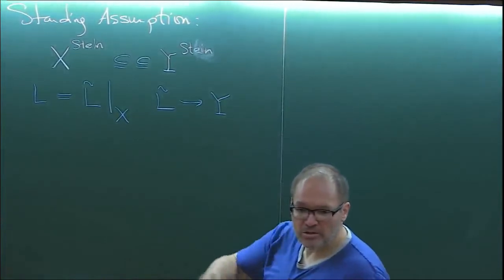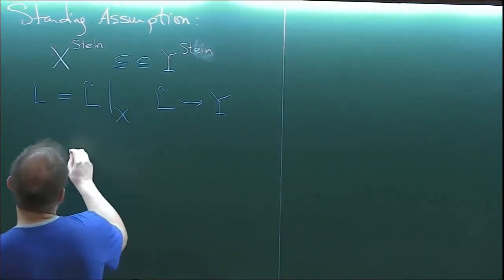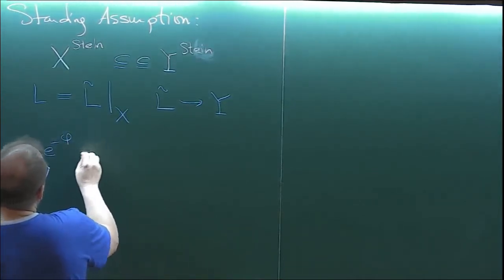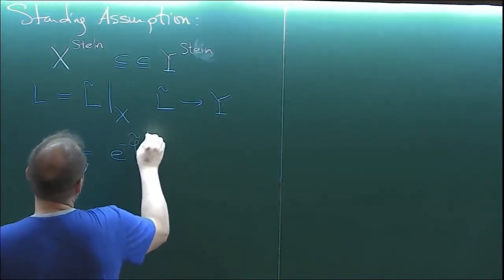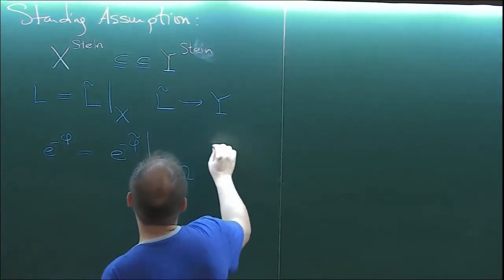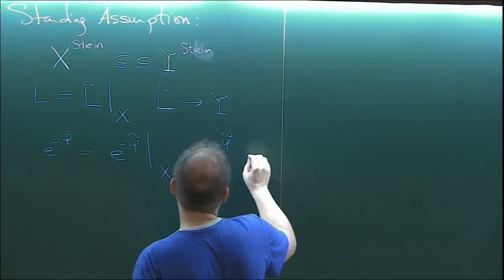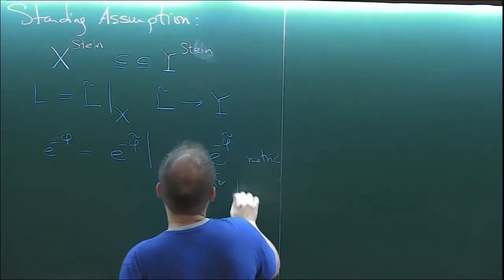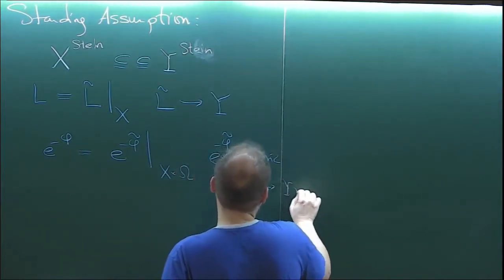So the line bundle itself extends up to the boundary. And the family of metrics, e to the minus phi, will be e to the minus phi tilde restricted to X cross omega, where e to the minus phi tilde is defined on Y cross omega, so it's a metric for P1 pullback of L to Y cross omega.